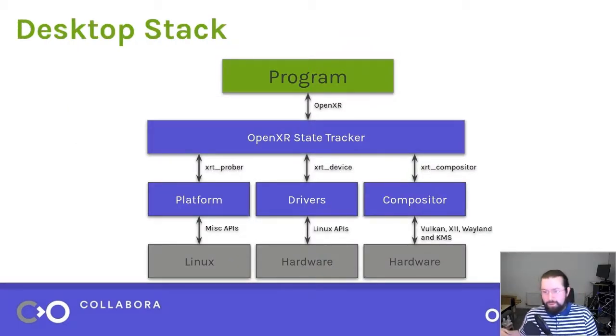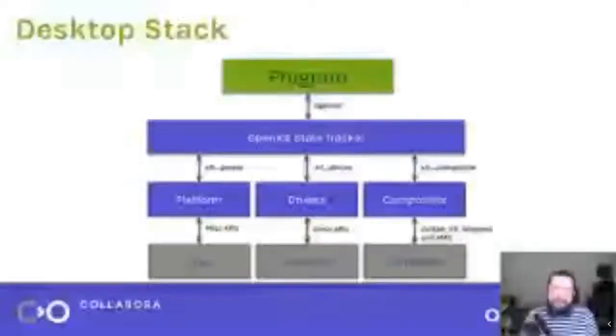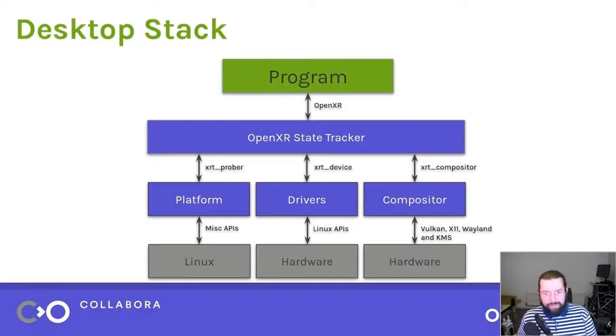So analyzing it a little bit more from a slightly different side, you can see that these are the interfaces, and that there are certain interfaces in the stack. So you have your OpenXR here, you have the prober, which is kind of a misnomer, but it's called that, and that mostly probes for devices, that talks to the various platform codes.